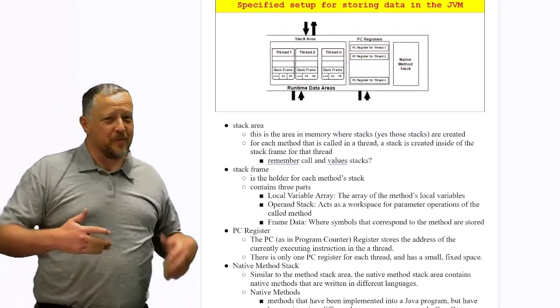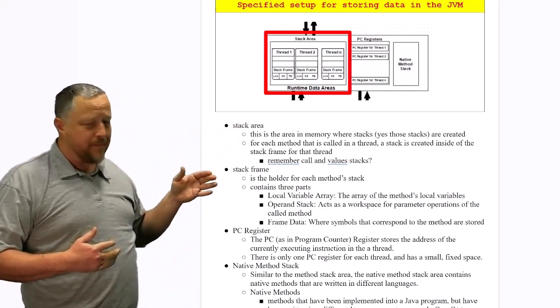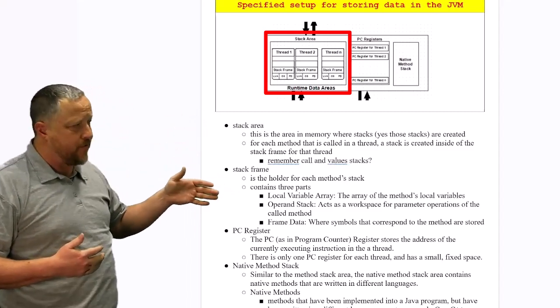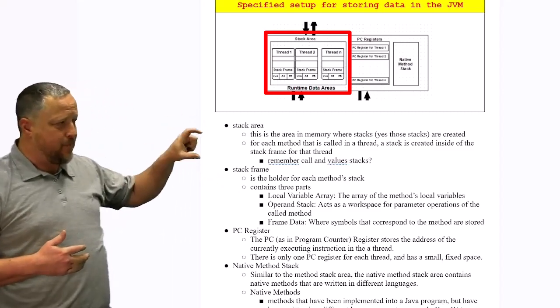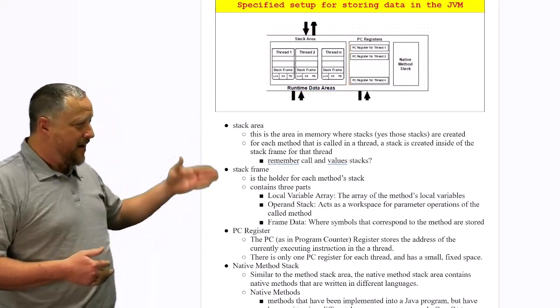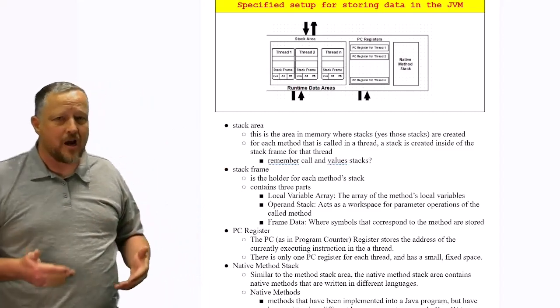The next part you're going to be really familiar with, and that is the stack area and the stack frame. Now, the stack area is just a broader set of stack frames. This is where, in memory, we're going to hold all our stacks, just our calls and value stacks, and it's going to be set up for each thread that we have running at the time.